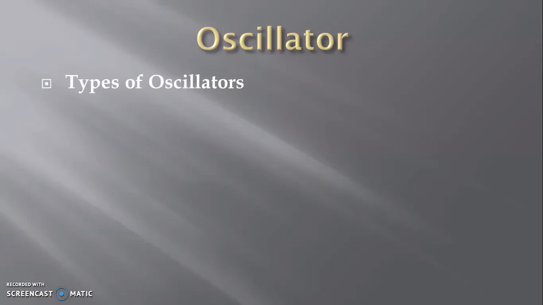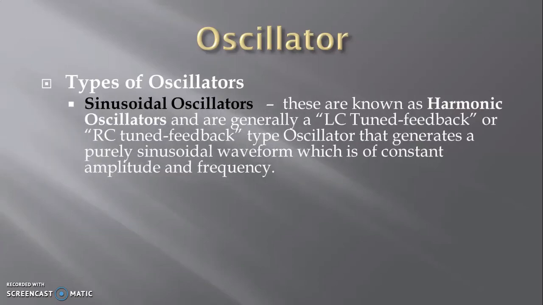We have different types of oscillators. Sinusoidal oscillators are known as harmonic oscillators and are generally LC tuned feedback or RC tuned feedback type oscillators that generate a purely sinusoidal waveform of constant amplitude and frequency.